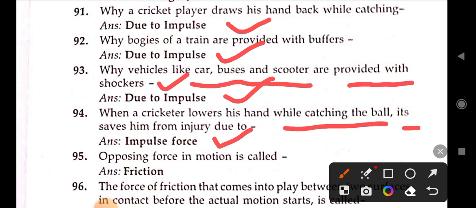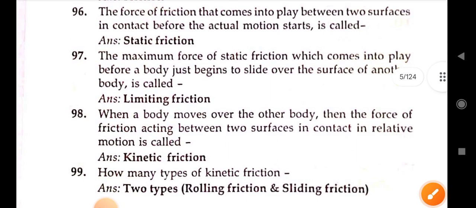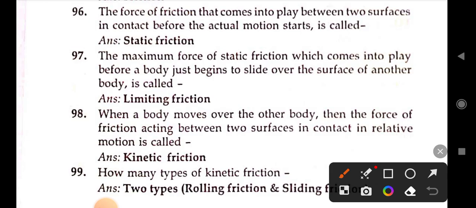Opposing force in motion is called friction. Next, the force of friction that comes into play between two surfaces in contact before the actual motion starts is called static friction.